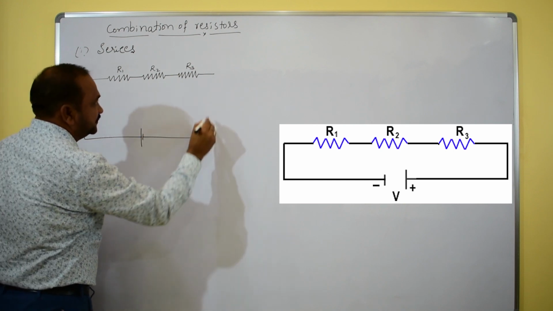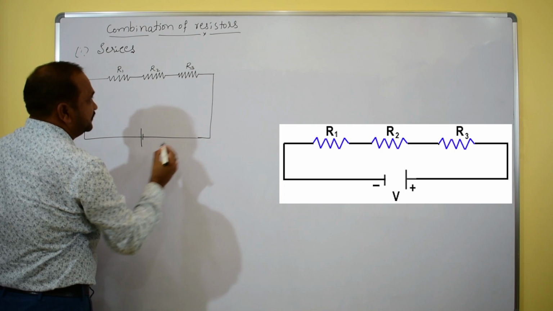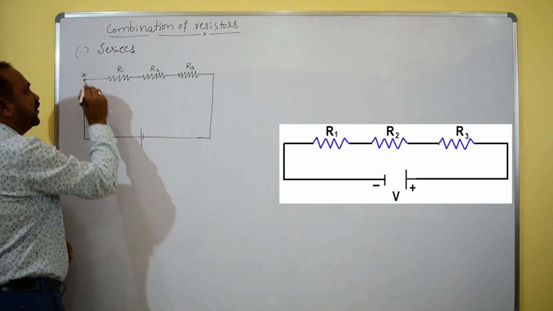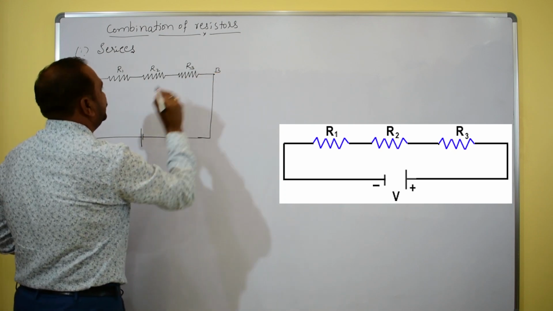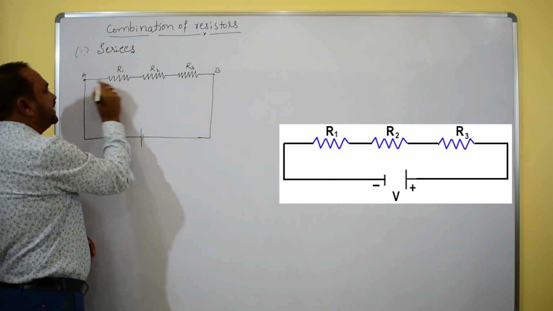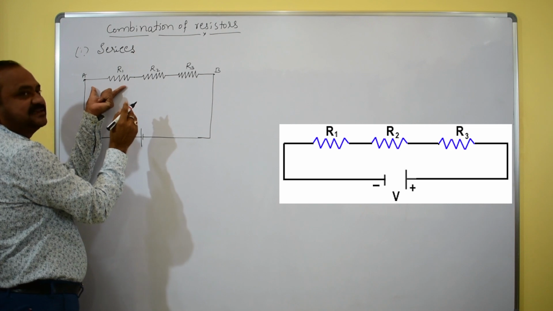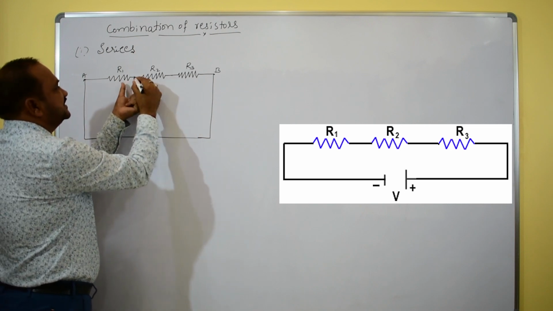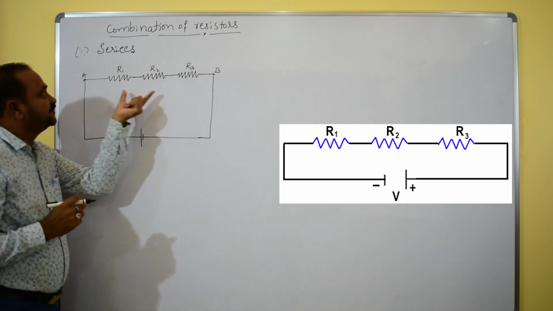This is the battery. Say this is point A and this is point B. This is R1, R2 and R3, all connected end to end. This is one resistance, this is another resistance, and this is another resistance.